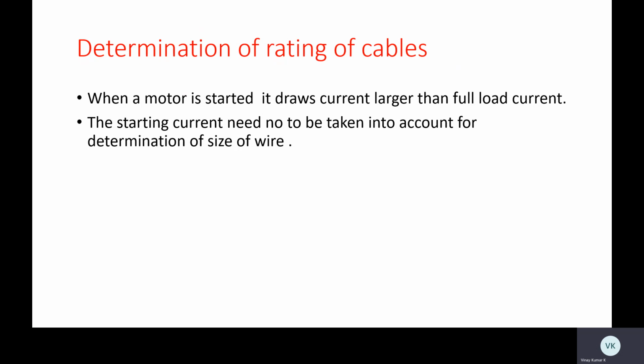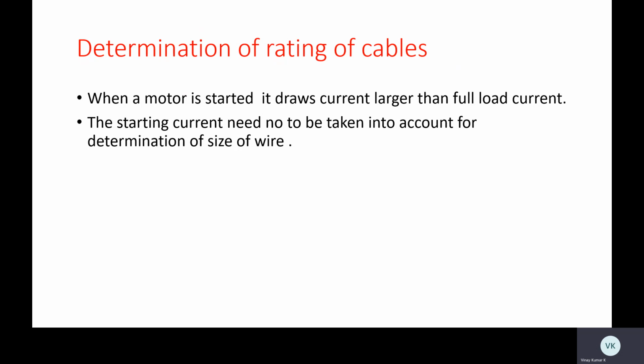In order to withstand the high starting current, we have to consider the starting current of the motor. If we only consider the full load current of the motor, it will not supply the starting current. For that purpose, we have to select the cable based upon the starting current of the motor, and the starting current needs to be taken into account for determination of the size of the wire.